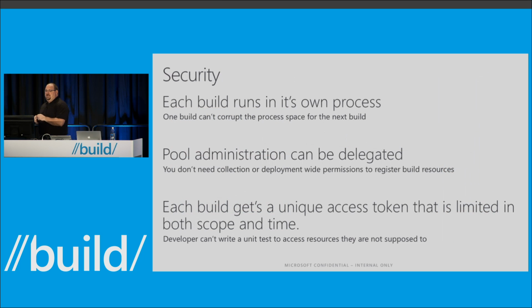Security. So I mentioned that scoping on the build definition. Each build runs in its own process. Has anybody run into a phenomenon with the current agent where a file handle gets left open for some reason in the build host process and you have no idea why? Yeah, that's a problem too. Because builds do a lot of things. I mean, they write files, they read files, they create semaphore files.